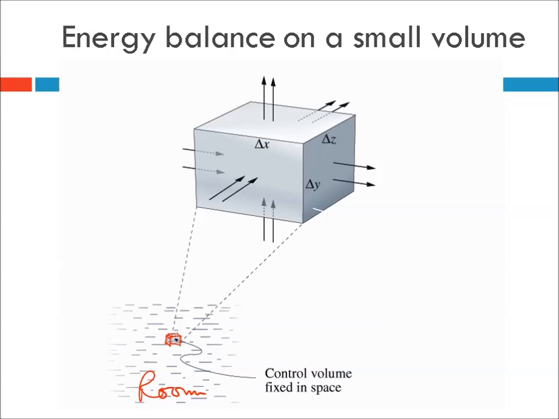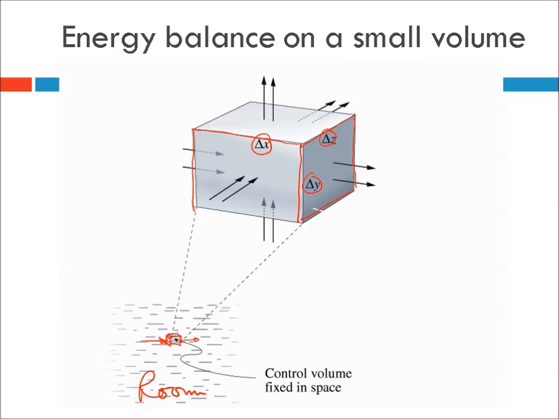So through this control volume, things can go in and out, and energy can go in and out. Okay, and so this is the enlarged version of that control volume, and the size of it is delta x this way, delta y, and delta z.